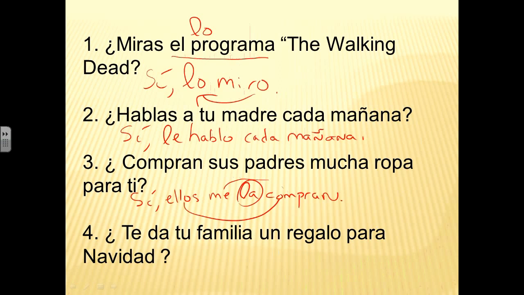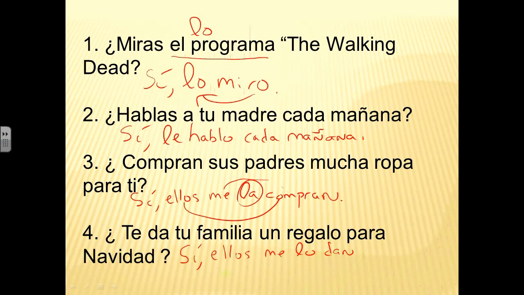¿Te da tu familia un regalo para Navidad? Does your family give you a gift for Christmas? Hopefully you're going to say yes. Sí. You could say ellos me lo dan. Okay.